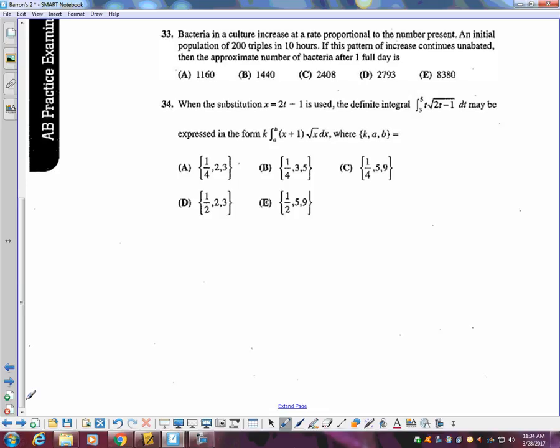Bacteria in a culture increase at a rate proportional to the number present. Okay, so you can start by saying dy/dt. The increase in y is proportional to the number present. So the rate at which the number is increasing is proportional to the number present.